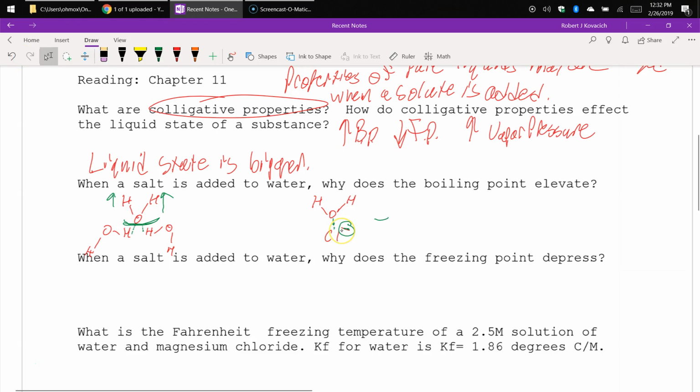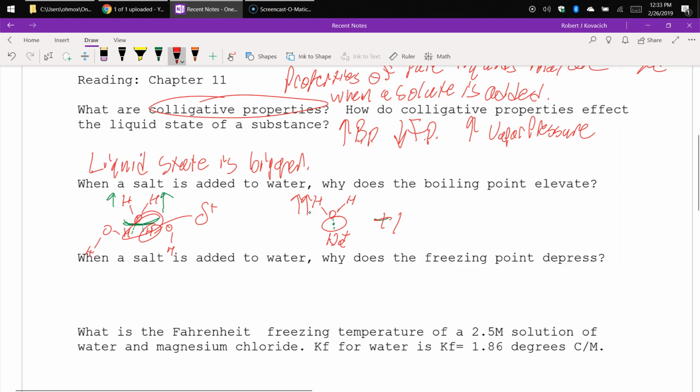Let me change that to a sodium, a full-fledged positive charge. So that's got a +1 charge on it, where this hydrogen over here only has a partial positive charge. So this intermolecular force is going to be much stronger than this one over here. So the water molecule is going to have to be moving faster. The kinetic energy is going to have to be higher. So that means the temp's up.